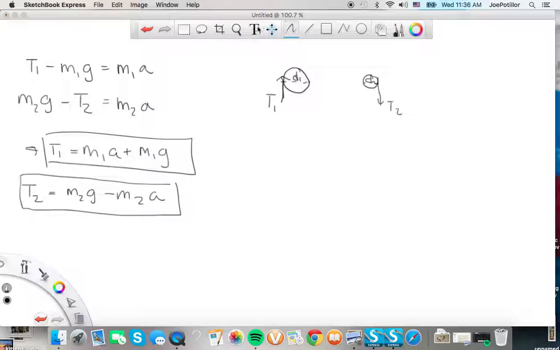Recall, I've defined angular acceleration to be going this way. I've defined angular acceleration to be going that way. So, in that sense, normally when we say it's clockwise, we're implying a negative angular acceleration. Okay? But for the sake of simplicity, we'll make it positive. Why can I get away with it? Because they're both going in the same direction.